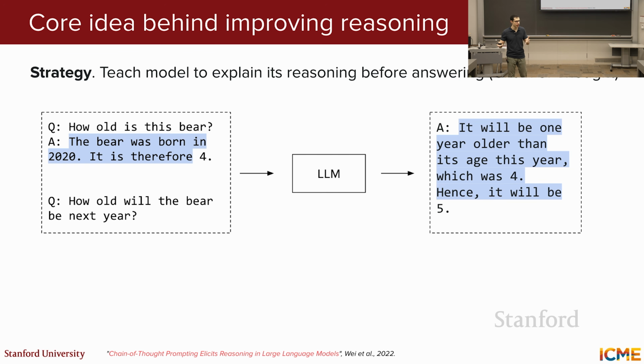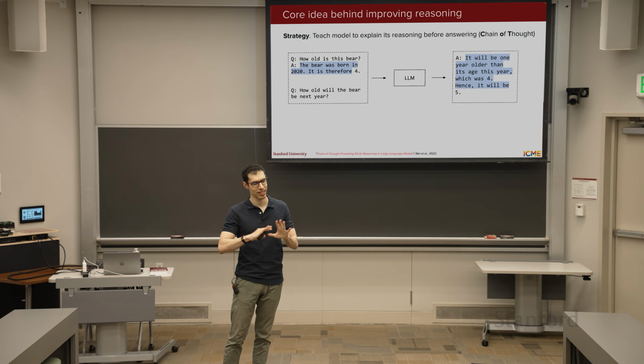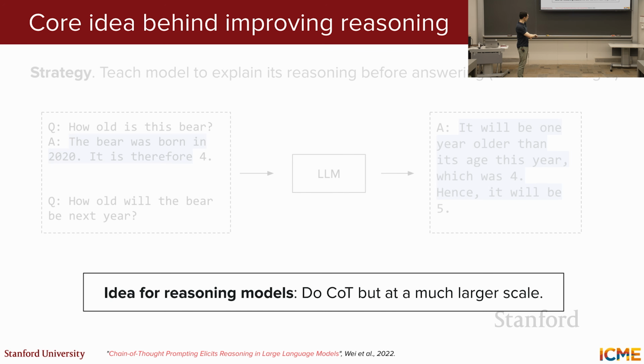The way chain of thought did that was by having some in-context learning examples that made the reasoning explicit, to encourage the model to also do that before providing the answer. That's the idea behind chain of thought. And here, what we want to do is the same, but at a much larger scale.